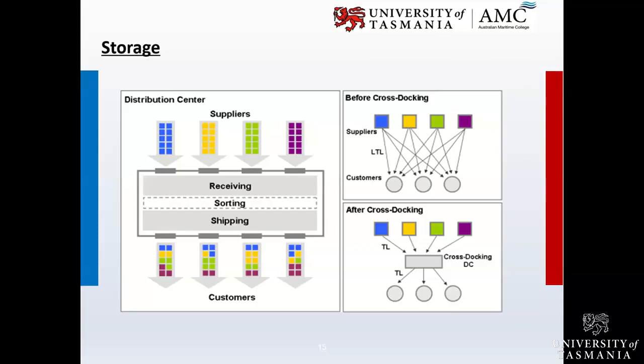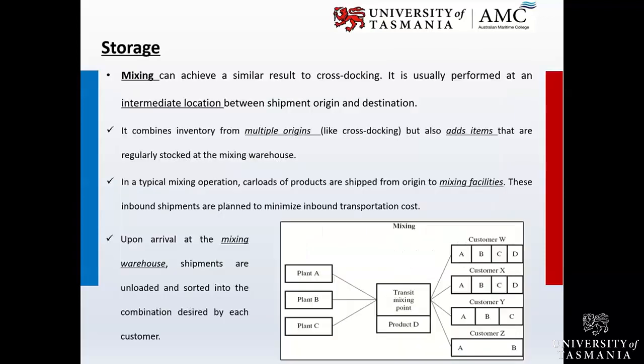So the volume can be increased. So here we find it is TL, truckload. It means it can receive economies of scale in transportation. Okay, this is the cross-docking function.